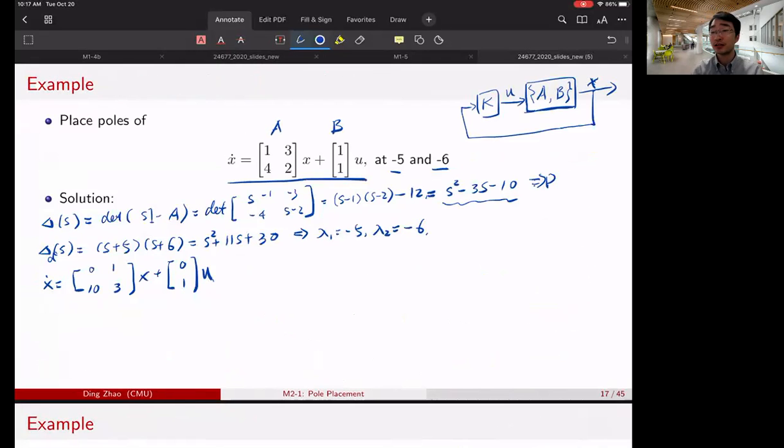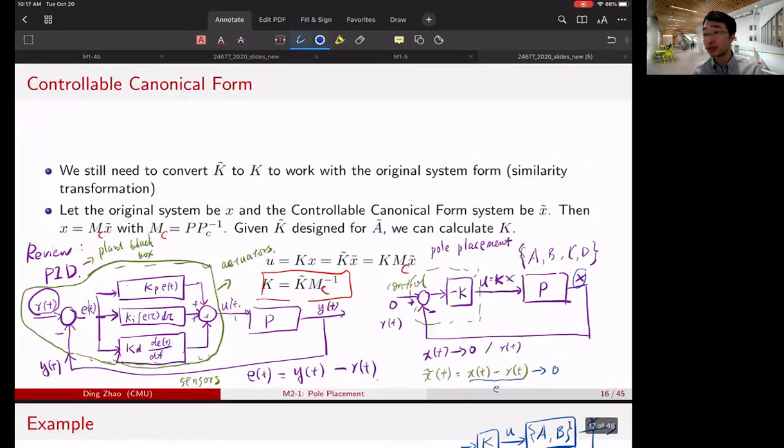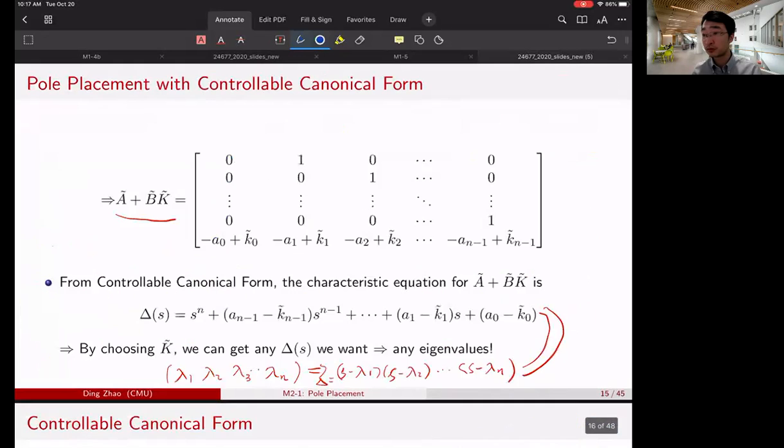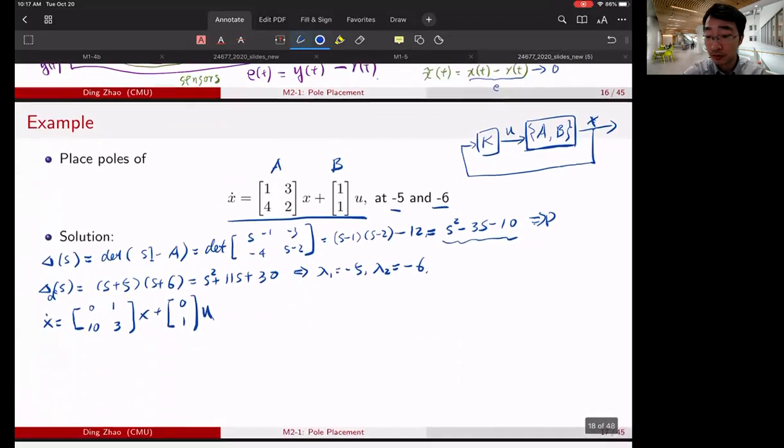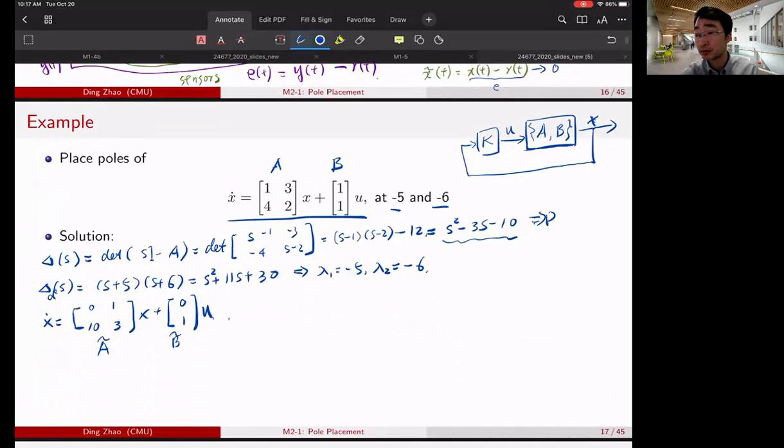So that's our realization, our controllable canonical form. This is our A tilde and B tilde. Then we compute a K tilde.